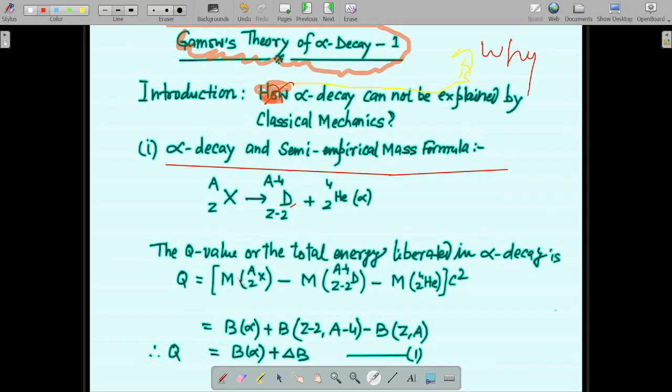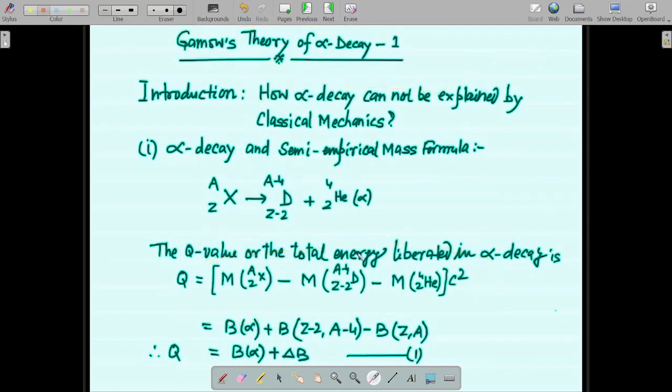Now you have already learned what this Q is and how Q is calculated for alpha decay, the Q value of the process in alpha decay. When you open this bracket, the c square will be multiplied by each of these entities.